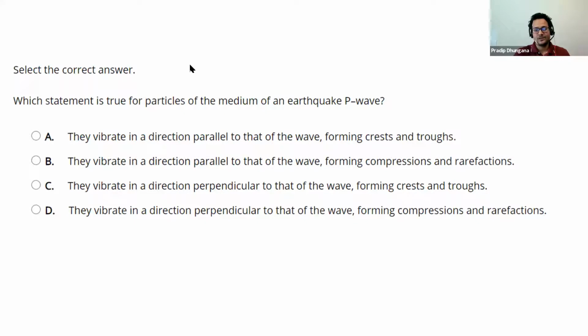Now I'll give you some time to answer this question. Which statement is true for particles of the medium of an earthquake P wave? Think about the slide that has the difference between transverse wave and longitudinal wave.